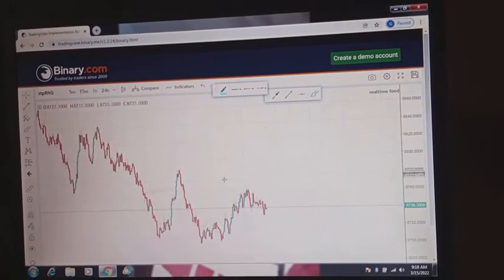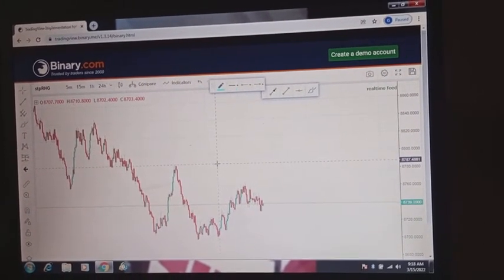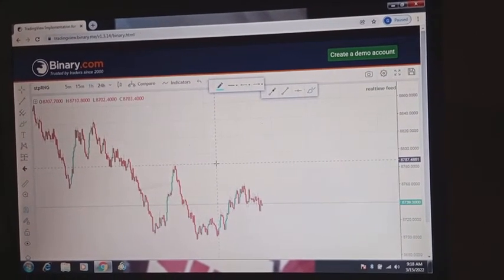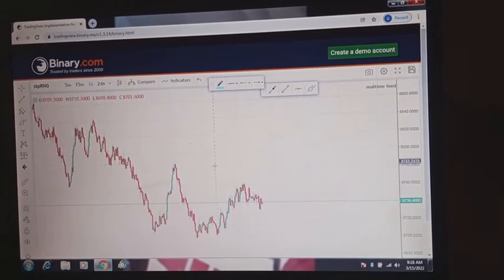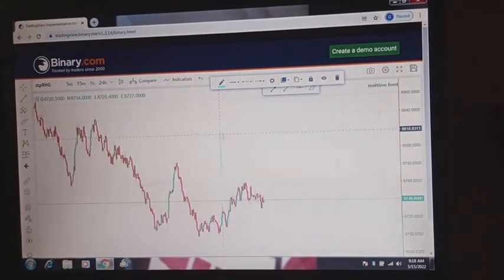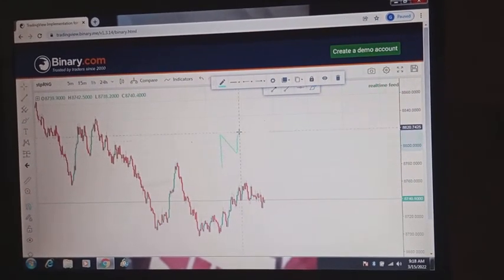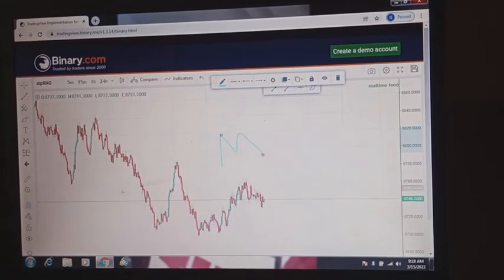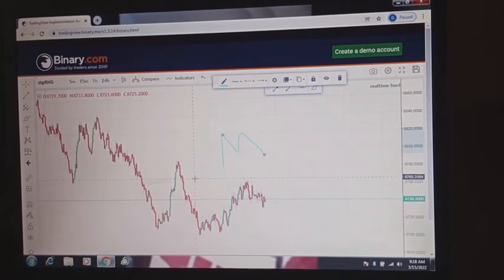So I'm going to start with the double top pattern. Sometimes we see something like this, like an M, as you can see on our chart.